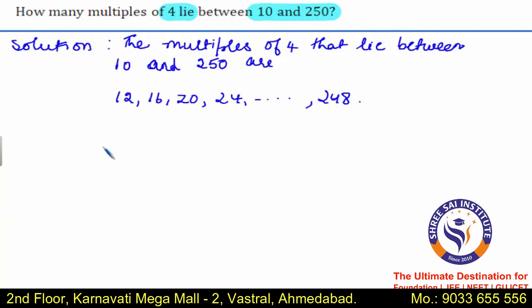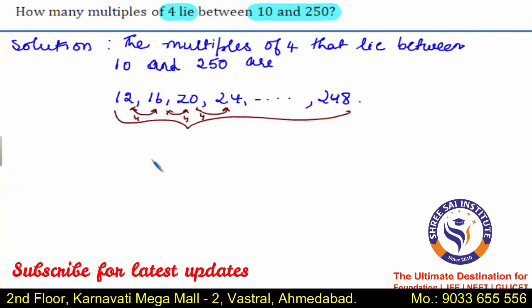This list of numbers forms an AP since the difference between any term and its succeeding term is 4. Right? Since 16 minus 12 is 4, 20 minus 16 is 4 and 24 minus 20 is 4. Therefore, this is an AP.